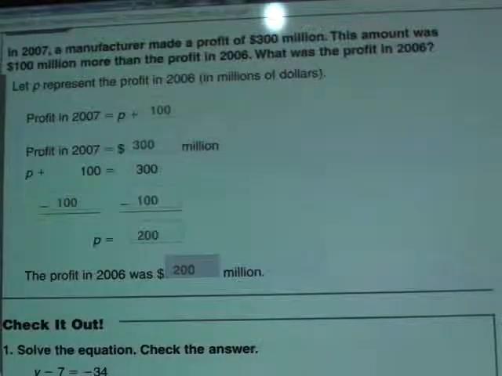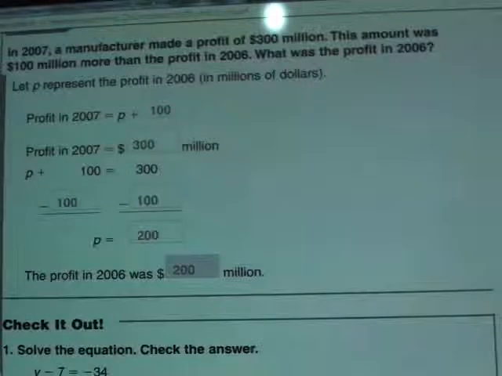And what we were told at the start of the second line there is that they made $100 million more than they made in 2006. So if the 2006 was called P, we can add $100 million to that to figure out how much we made in 2007. What they then told us is that the profit, the whole thing for 2007, equals $300 million.